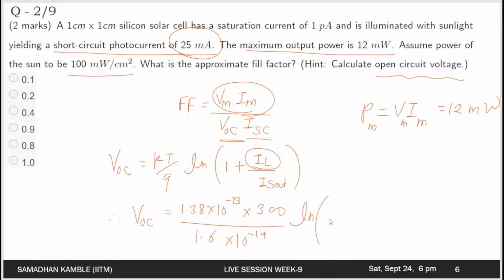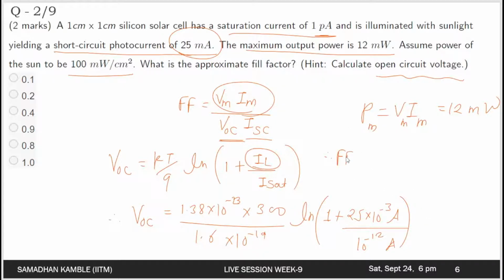times ln of 1 plus IL, which as I said in the short circuit case can be substituted by ISC, and ISC is given by 25 milliamp, that is 25 times 10 to the power minus 3 amp, divided by the saturation current. The saturation current is given as 1 picoamp, which is nothing but 10 to the power minus 12 amp. If we compute it, we'll get some VOC that we need to substitute in the fill factor.